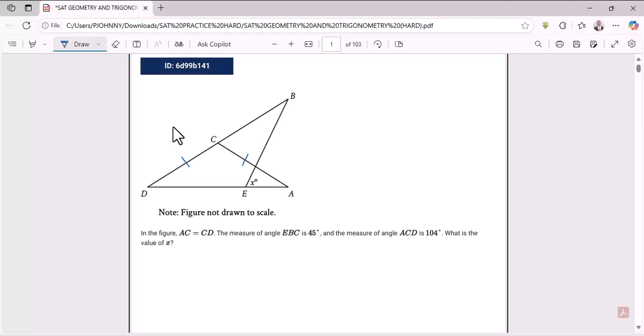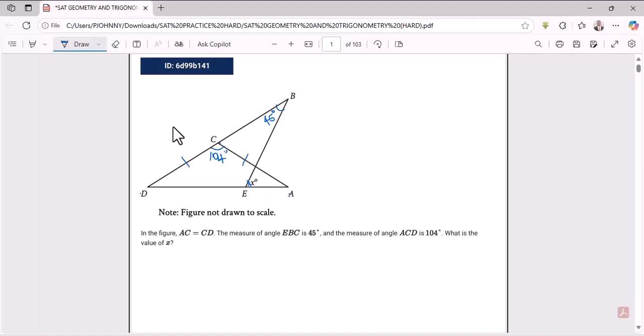Okay, but this angle x belongs to E, not so. Let's continue. The measure of angle EBC, that's this angle here, is 45 degrees, and the measure of angle ACD, that's this angle here, is 104 degrees.